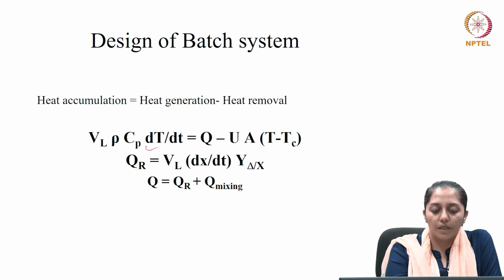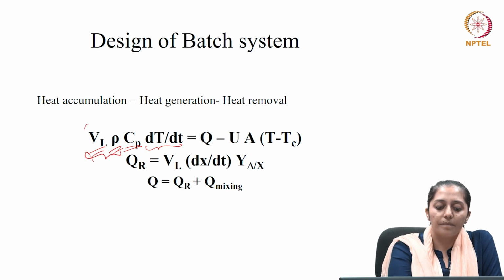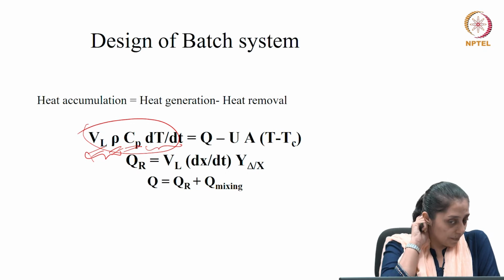Let us assume the rate of change of temperature with time is dT by dt, Cp is the specific heat, rho is the density of the fermentation medium, Vl is the volume of the fermentation medium. So, rho Vl Cp dT by dt is the rate at which the heat is getting accumulated in the fermentation medium.